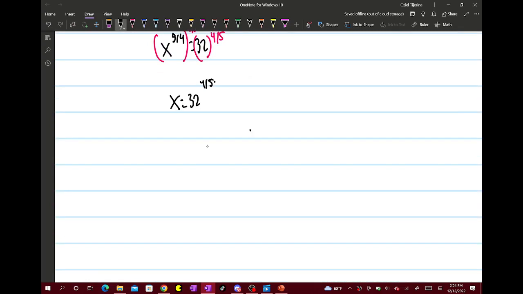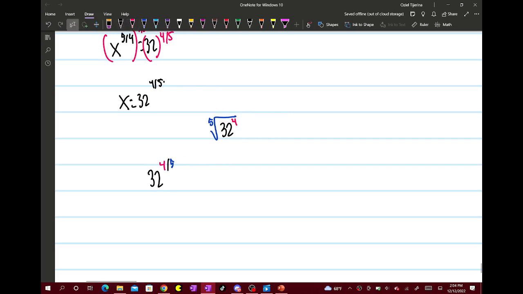Then you go ahead and simplify that. That's the 5th root, so we have 32 to the 4/5 power, and we can say that's equal to the 5th root of 32 to the 4th power. Or like I said, use the other property.